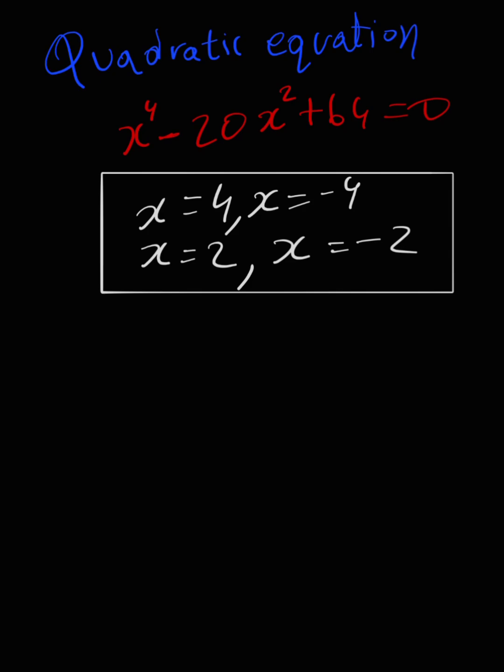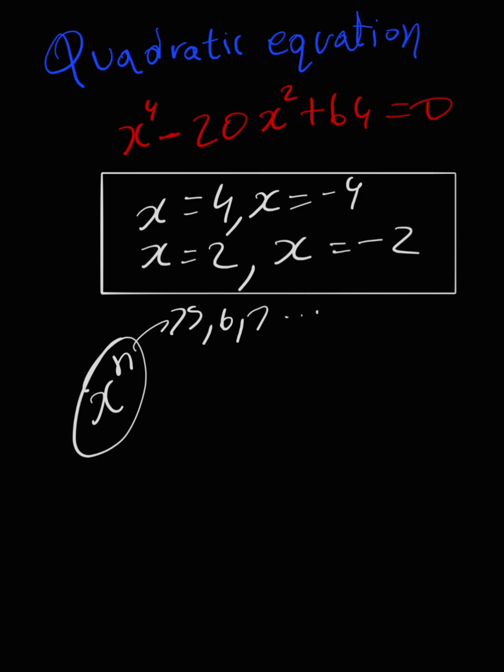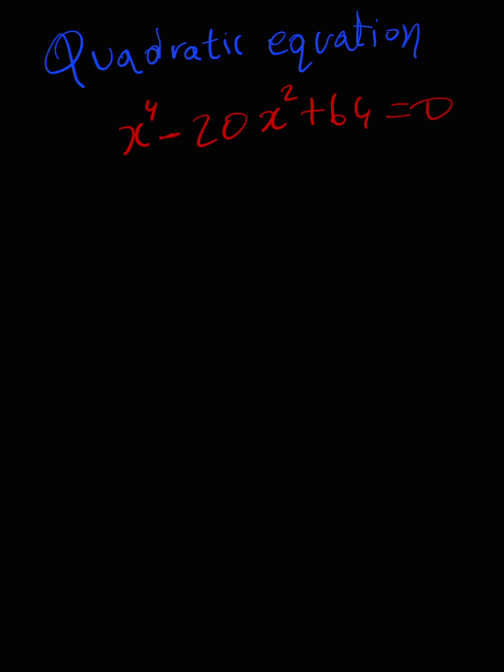For any equation in general, a polynomial equation, if it is of nth degree, where n can be 5, 6, 7, anything, and it consists of elementary operations like plus, minus, multiplication, division, it will always contain n solutions, n number of solutions.